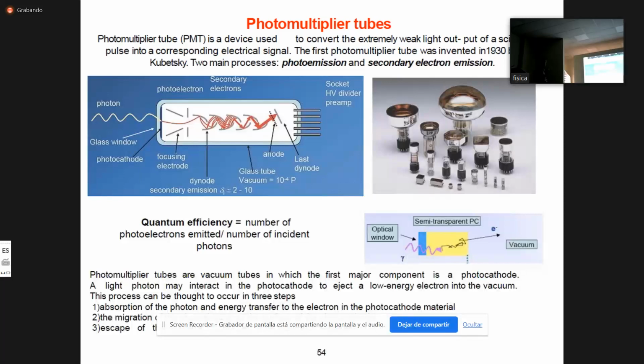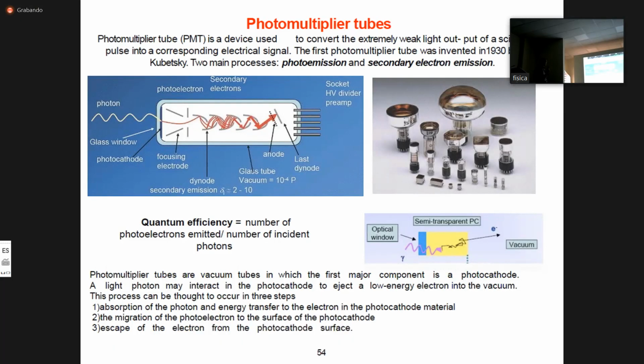Types of photodetectors, which I'd like to discuss. The first one is a photomultiplier tube. This is quite a well-known device. Actually, it was invented in Russia in the 1930s by the Russian physicist Tversky.